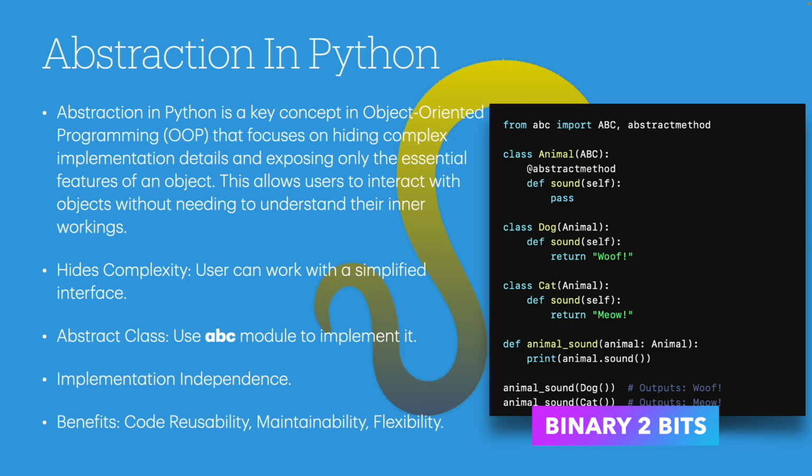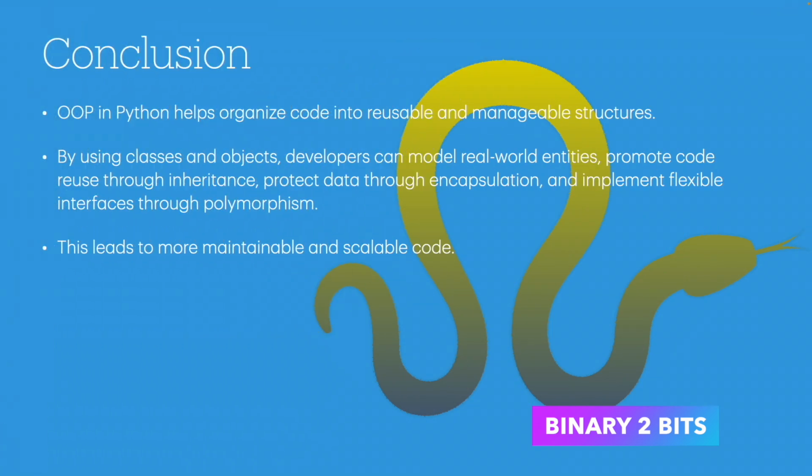So these are the features: hiding complexity, abstract classes using the ABC module, implementation independence, and the benefits of code reusability, maintainability, and flexibility. Let's see the conclusion of OOPS in Python.